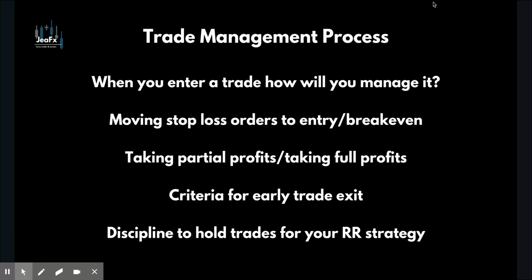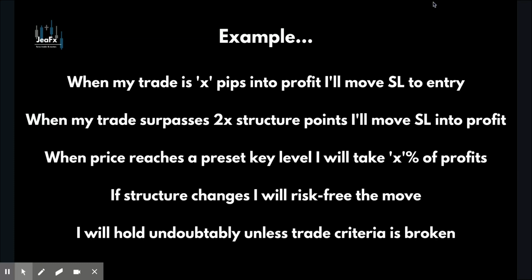Things like this, okay? Trade management process needs to cover every step of the way from the entry through actually managing your trade towards targets. So we'll look at criteria for actually exiting a trade early if it goes south. We also need to think about the discipline and the importance of trying to hold our trades out all the way to targets to fit our risk-reward strategy.